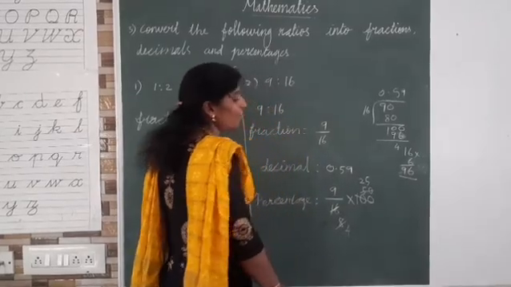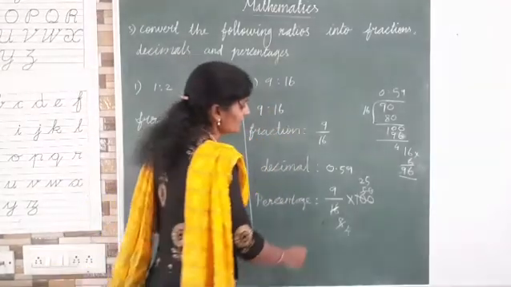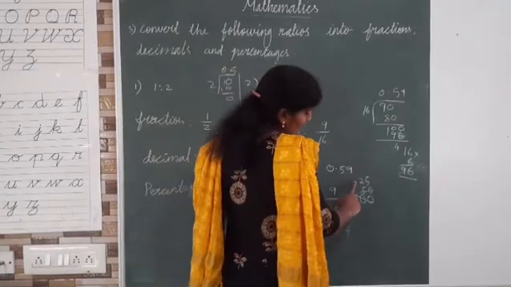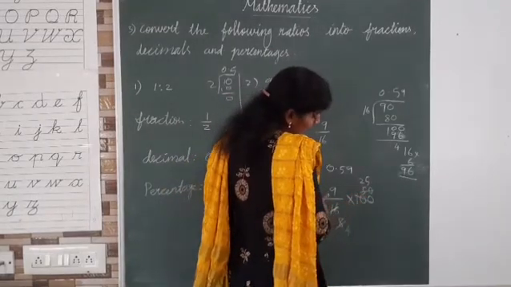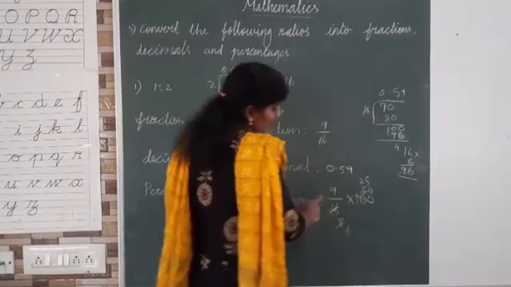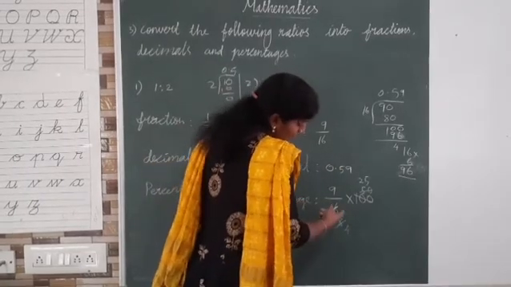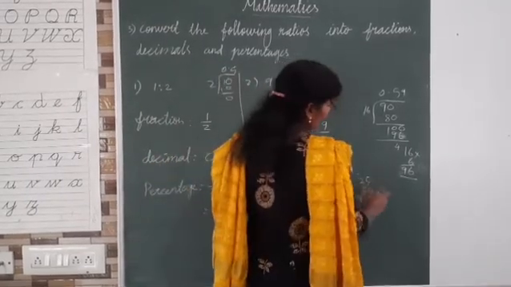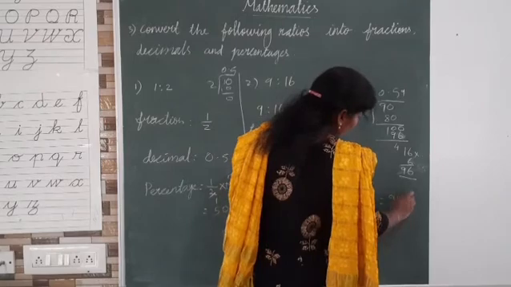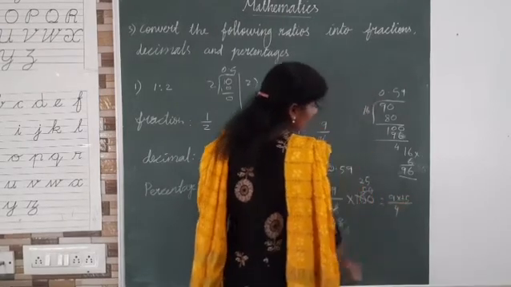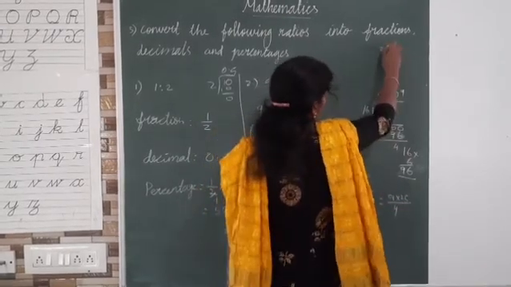Now it's 25 by 4. Here 25, here 9, we can't cancel further. So we multiply 9 into 25 divided by 4. 9 into 25, 25 into 9.